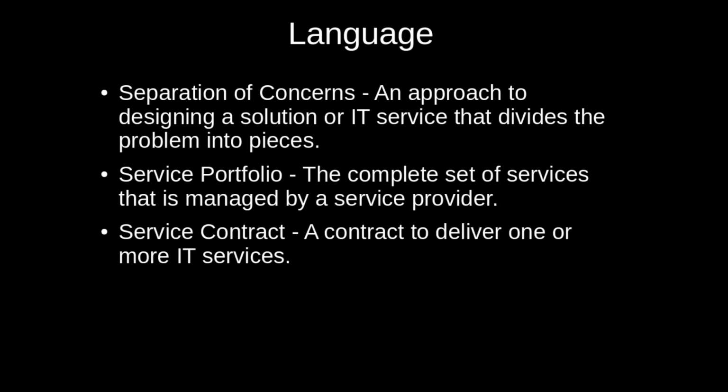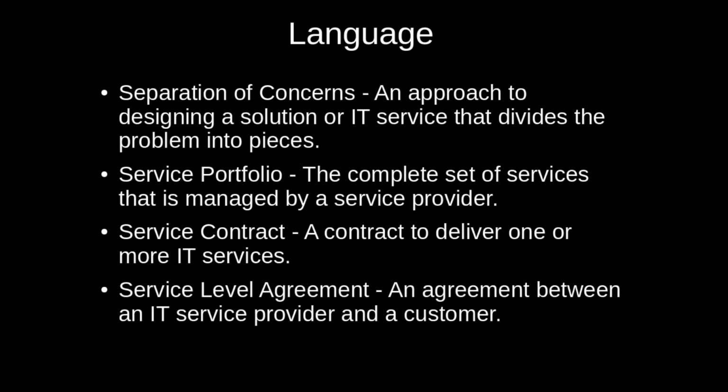So service contracts are the way in which we explicitly define what it is we will be delivering in terms of a service, what we'll provide, as well as the levels of expectation that clients can expect from our provisions. Now, a service level agreement is a special case of a service contract.